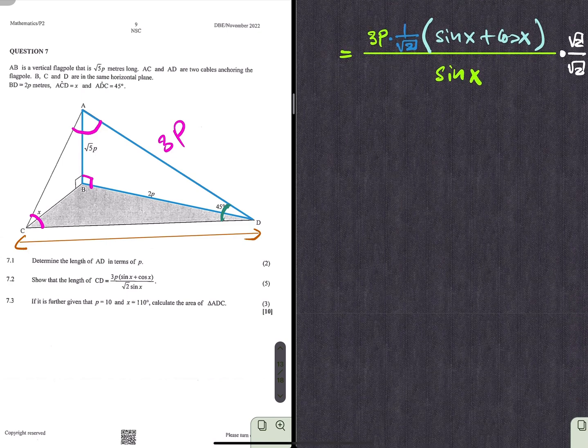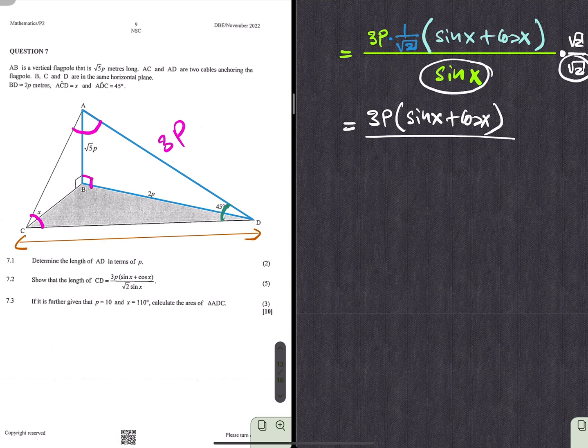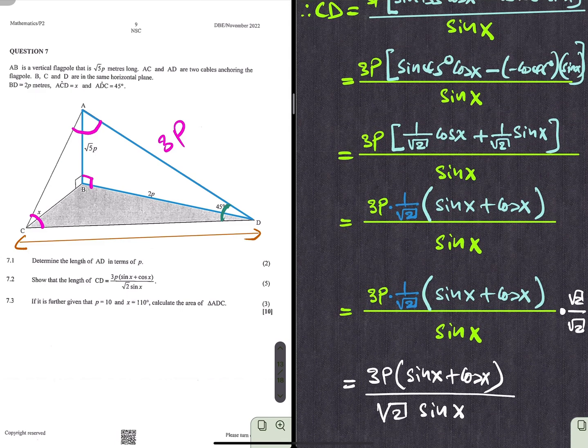If you do that, you will see that 1 over root 2 multiplied by root 2, you get 1 times 3p. So you primarily get 3p into sine x plus cos x. You divide this by sine x times root 2. So that is going to be root 2 primarily, and then a sine of x.